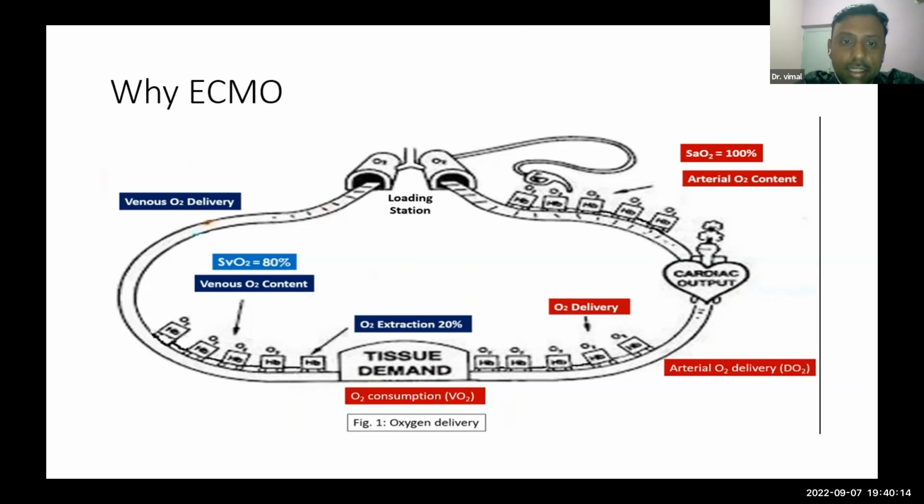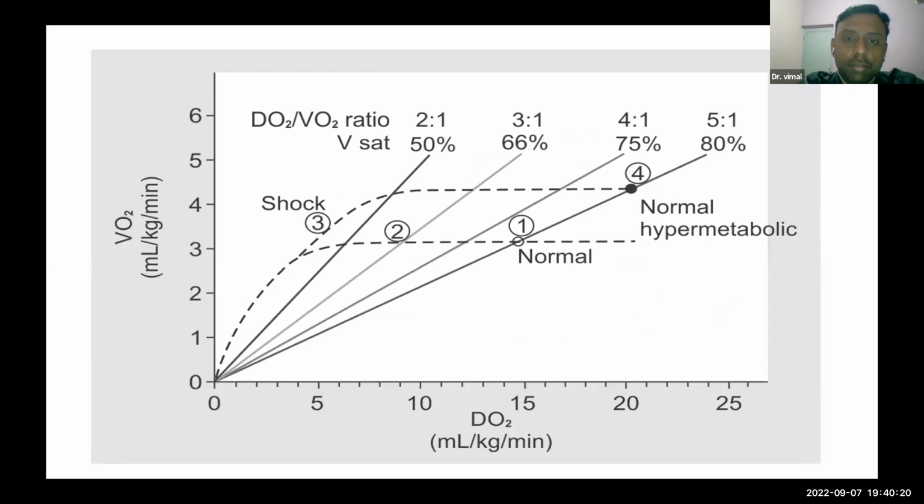So this slide depicts the oxygen consumption, which is 20%. So it boils down to the delivery and oxygen consumption ratio. In a normal, healthy individual, the DO2 to VO2 ratio is 5:1.